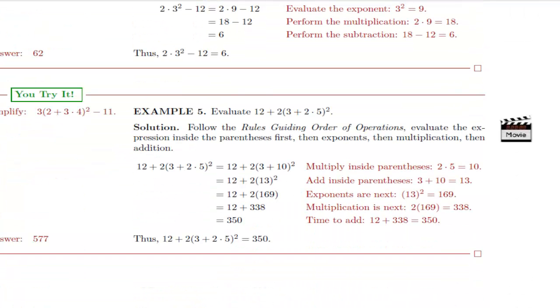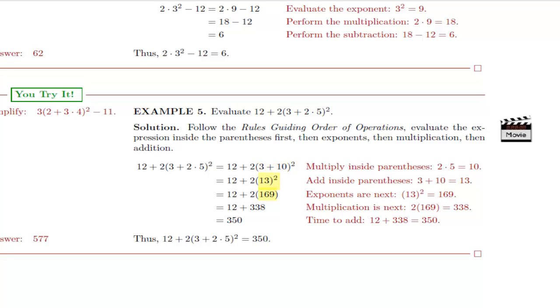Example 5. Evaluate the expression. Follow the rules guiding order of operations. Evaluate the expression inside the parentheses first, then exponents, then multiplication, then addition. So, doing the multiplication first within parentheses, we get 2 times 5 is 10. Then, applying addition within parentheses, 3 plus 10 is 13.